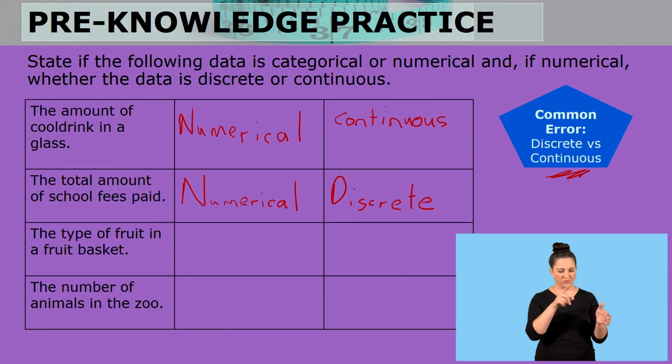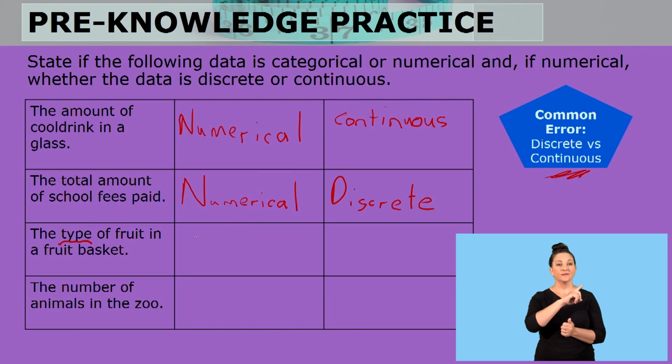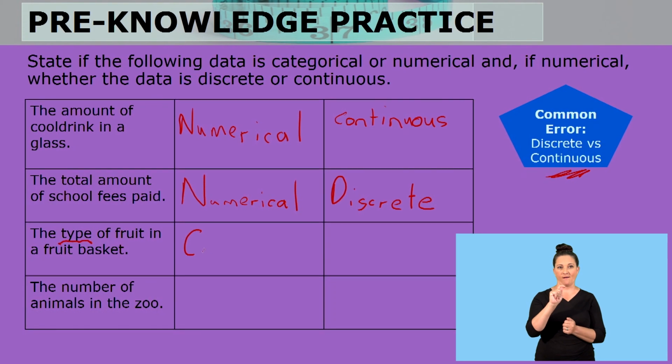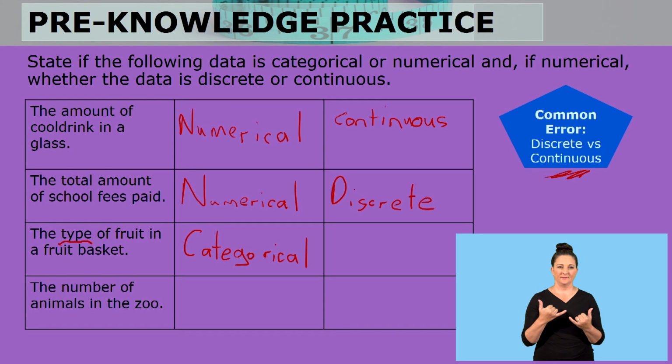If you think about it, the key word here is type. You could have bananas, apples, kiwis, stuff like that. So that's a name, it's a label. So that has to be categorical data. And if it's categorical, it can't be discrete and it can't be continuous.